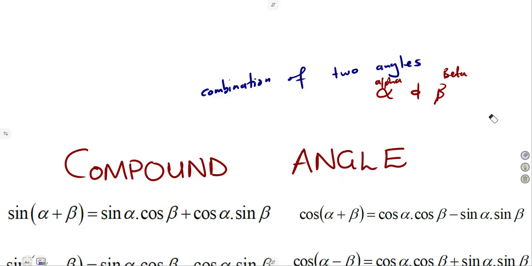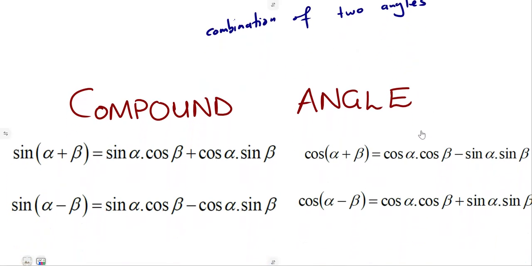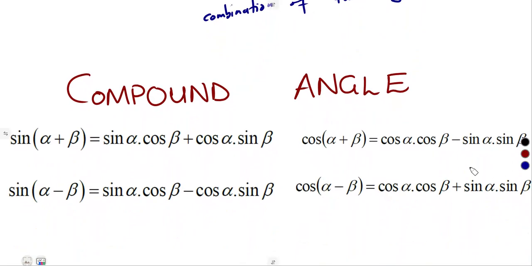When these angles are being combined together, maybe it's X and Y, or A and B, whatever you're given. I want us to get used to what we have in our formula sheet, so I'm going to be using alpha and beta. If I put X and Y tomorrow, and you put A and B, then most of you will end up having confusion.